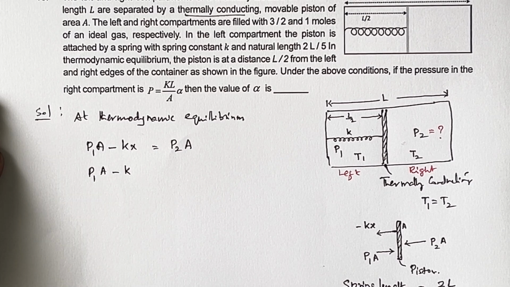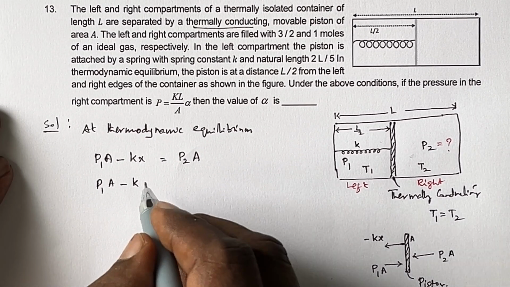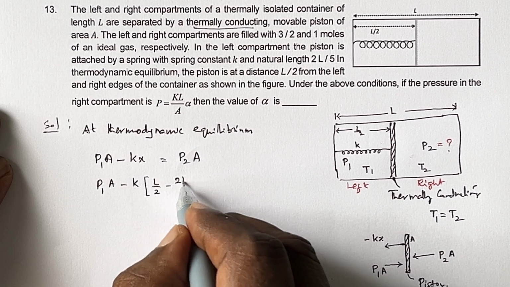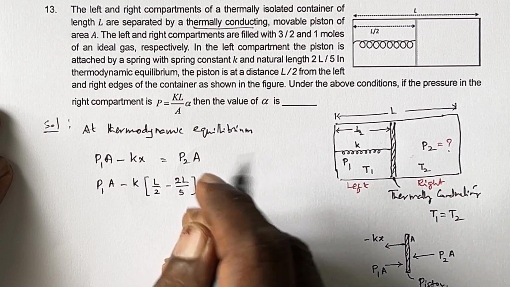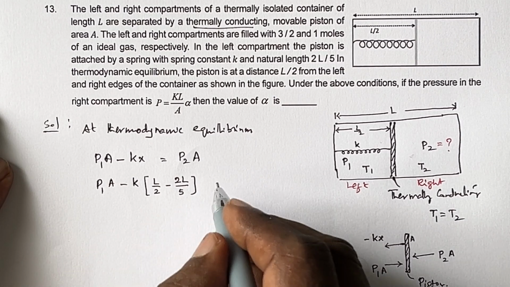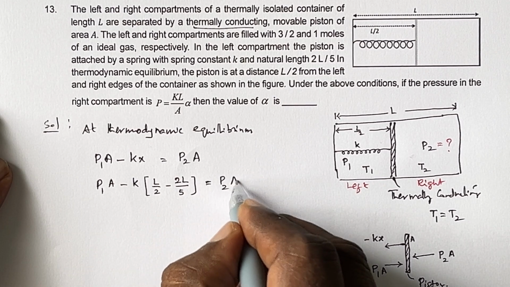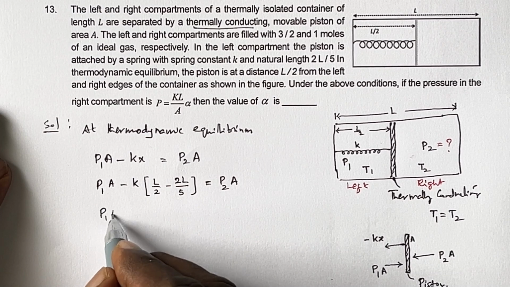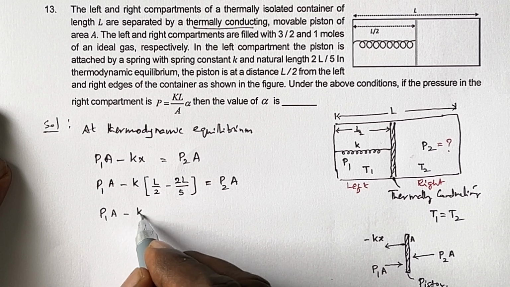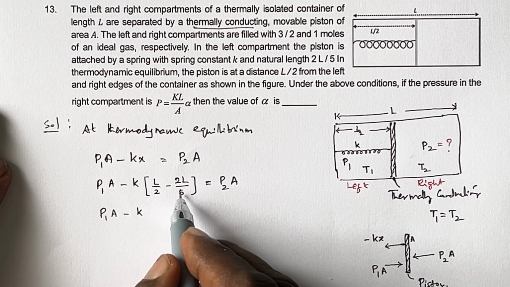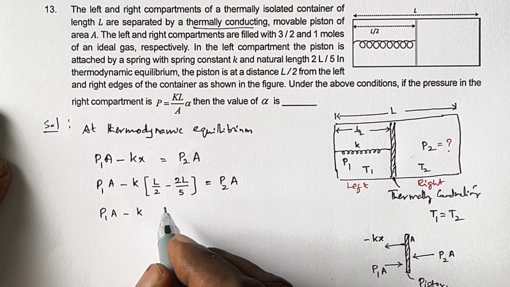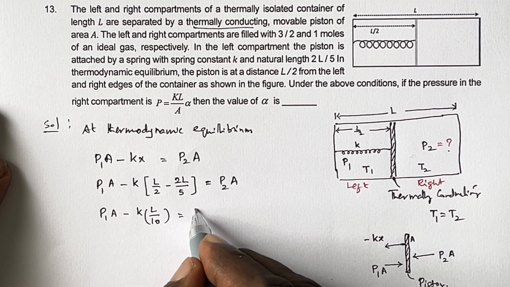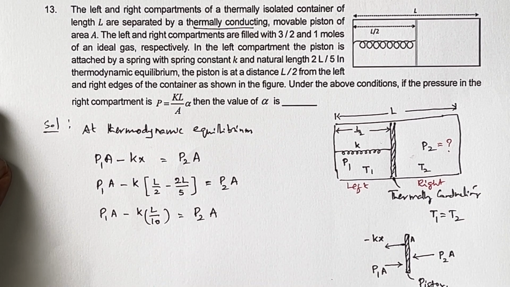So what is x? x is L/2 minus the natural length 2L/5, the extension of the spring. So P1A minus K times (5L minus 4L)/10, which is L/10, is equal to P2A.